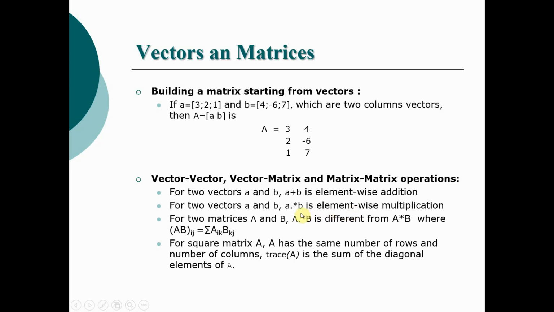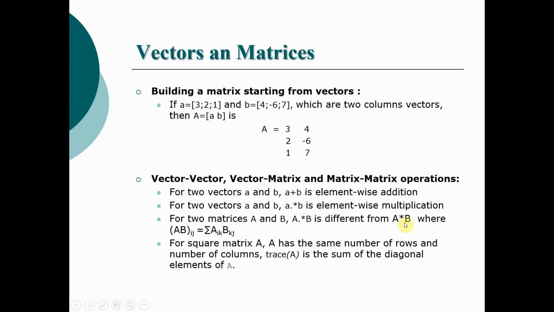If we don't put the dot, this means that we want matrix operation. You're familiar with matrix operation from your previous courses. If you want matrix operations, then the number of columns of the first matrix has to be exactly equal to the number of rows of the second matrix.